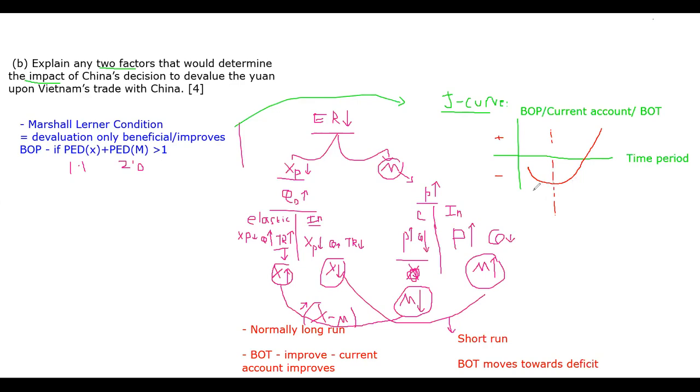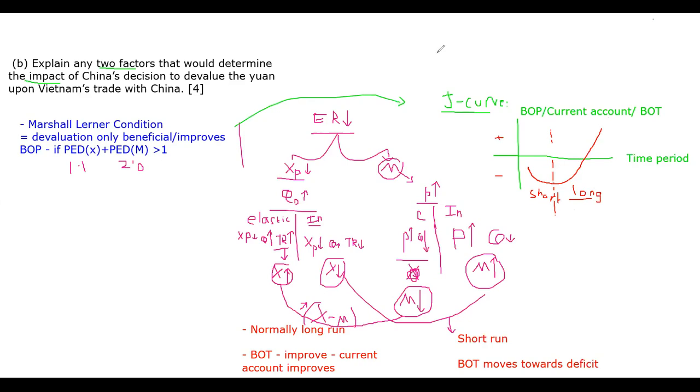So we can call this the short run, where the Marshall-Lerner condition wasn't really met, because in the short run things are more inelastic, so the sum of PED of exports and imports might not be greater than 1. But as soon as you move towards the long run, where your exports and imports are more likely to be elastic, your BOP starts to improve.